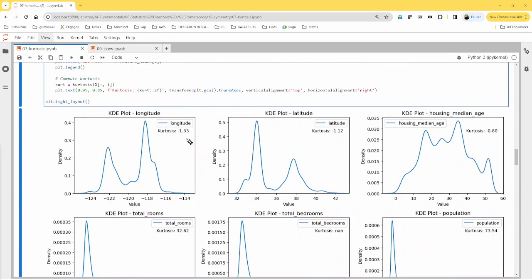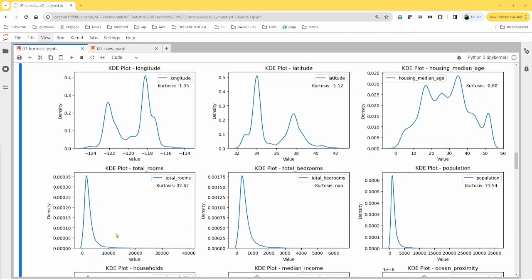If you notice here, this is negative, so that means there are some lower values. Similarly here also, and here also. And then this is the case on the right hand side, where you will find a longer tail, and that means it has possible outliers. Here, for example, this could be a perfect case.